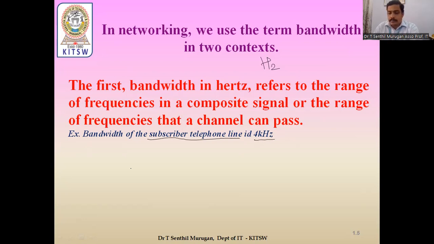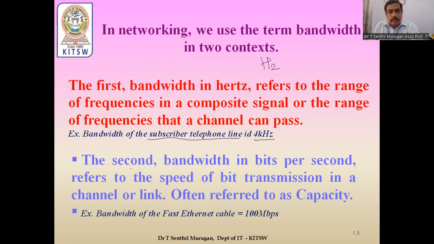Next point is bandwidth in bits per second. When we are thinking about analog signals, they may be represented using hertz. The second one is bits per second: per second, how many bits are transmitted. Bandwidth in bits per second refers to the speed of bit transmission in a channel.